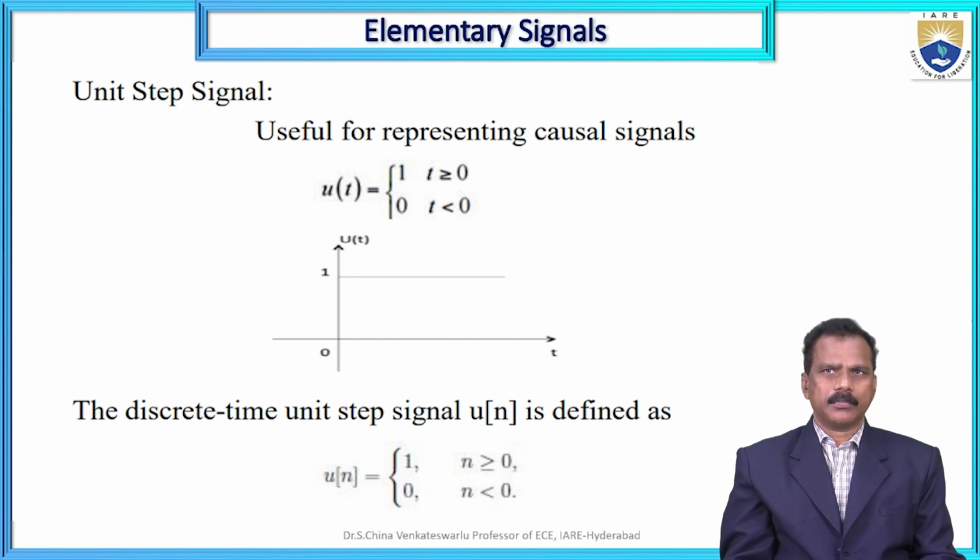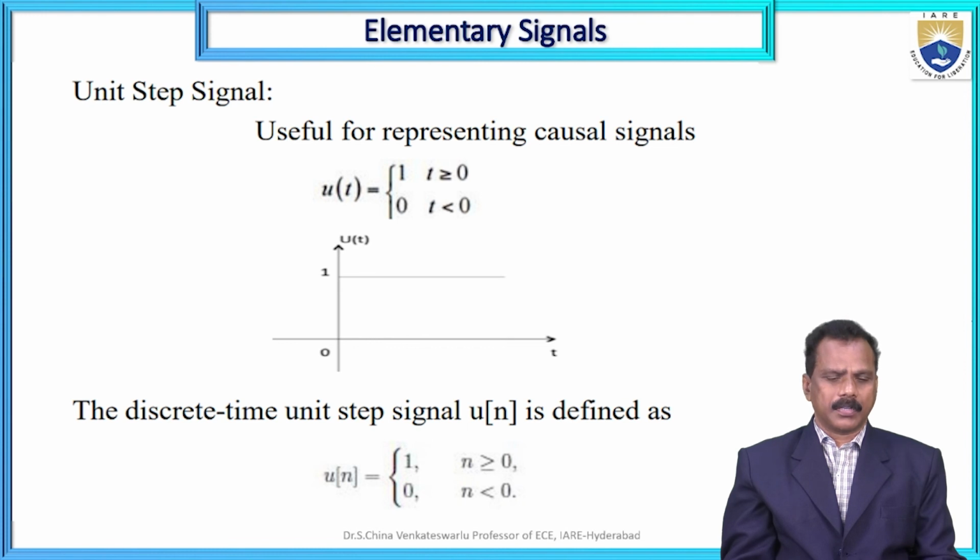Now coming to elementary signals. Already we have seen the elementary signals. The unit step signal is useful for representing the causal signal. Sometimes we call them causal or non-causal, anti-causal signals, which I would consider under elementary signals.